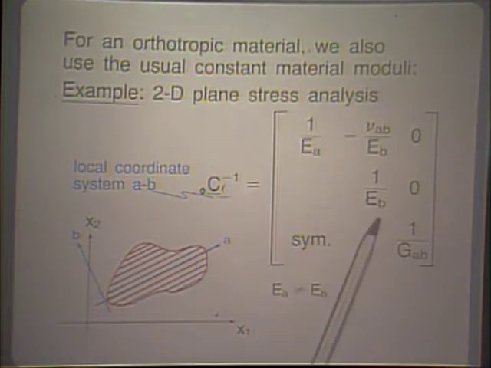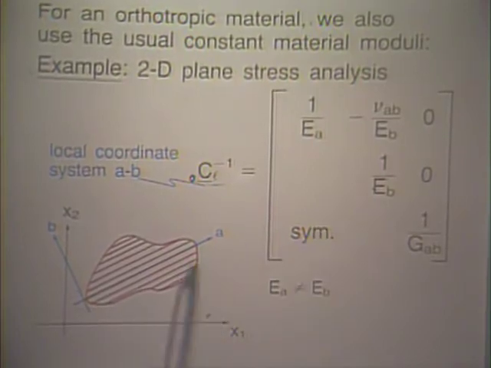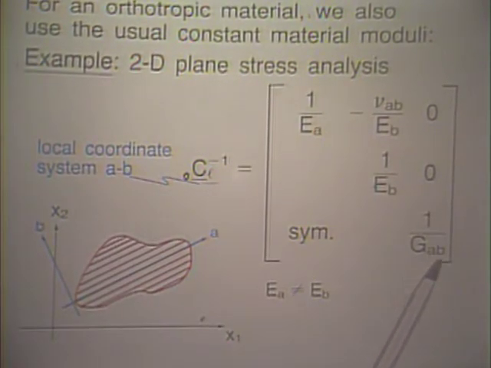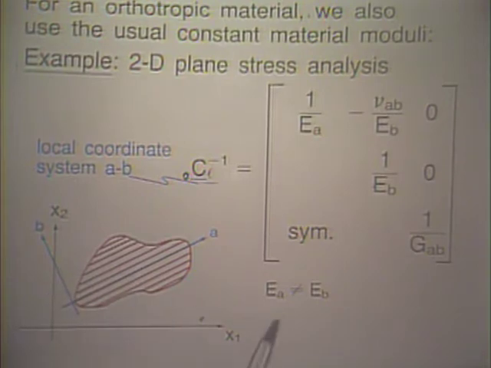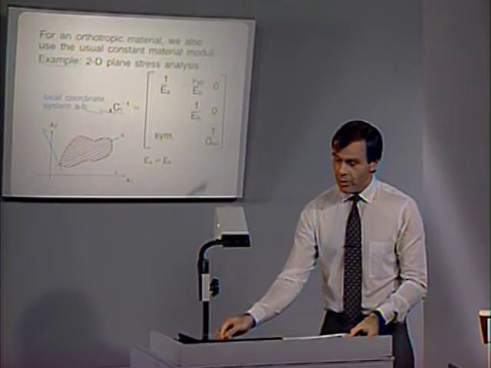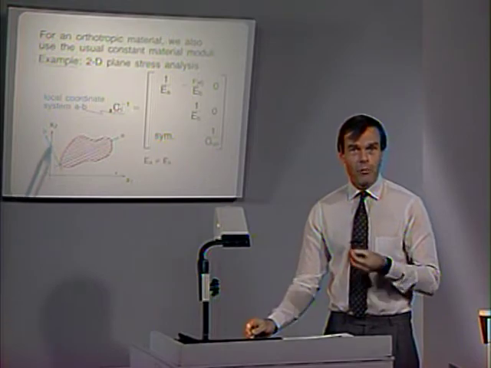Notice EA, EB are the material moduli, and νAB is the Poisson's ratio, corresponding to the A and B directions, and similarly the shear modulus GAB. The material being orthotropic means EA is not equal to EB. This, once again, is the material law that we are quite familiar with from linear analysis.